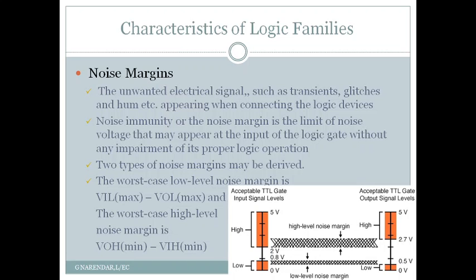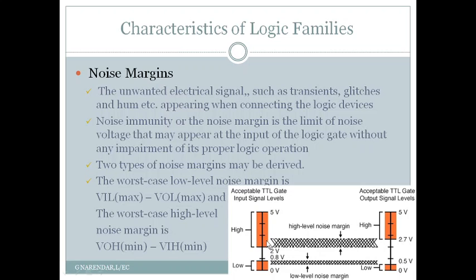For example, these are the voltage levels for a signal to qualify as either a high signal or a low signal. You can see that, for example, the input signal voltage is just above 2 volts. Since it is above 2 volts, it will be treated as a high signal, and this is the case when there is no noise.